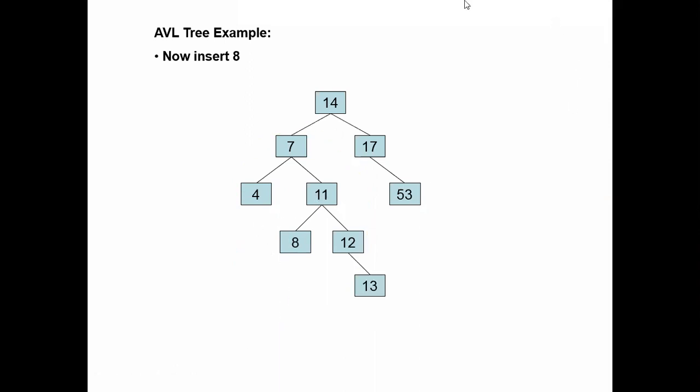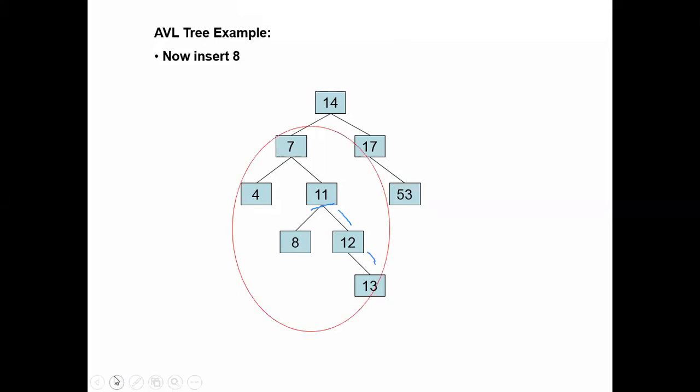Just see here. What happens is that 11 is the root node, 8 is lesser than 11, so it is placed on which side? Again the left side, and 12 is greater than 11, so it will be placed here, and 13 will be placed here. According to that we have to do it, and again check the balance factor of each and every node.